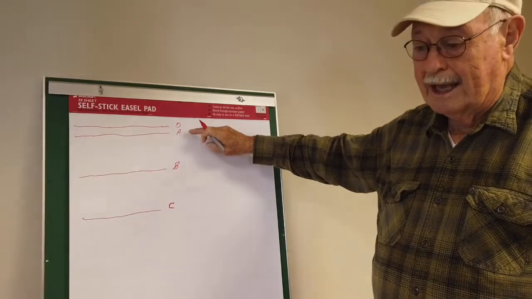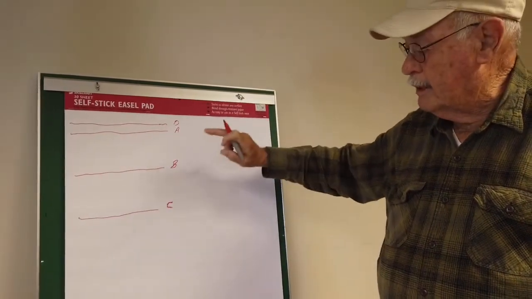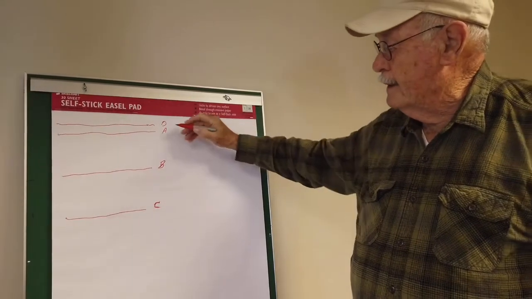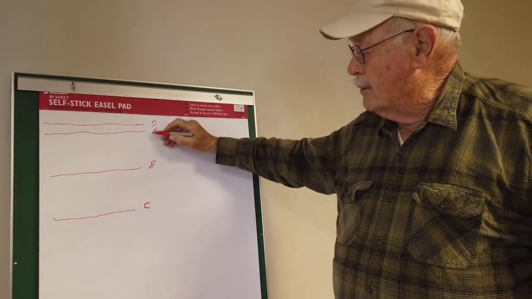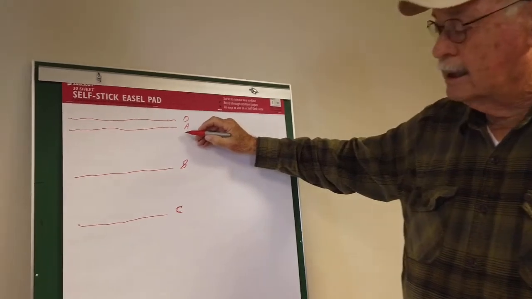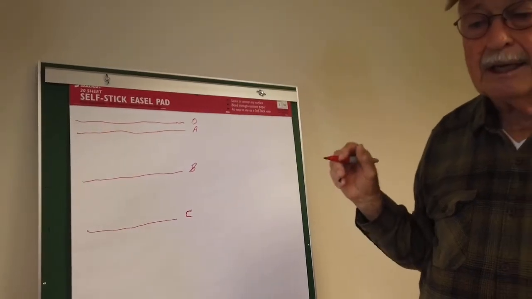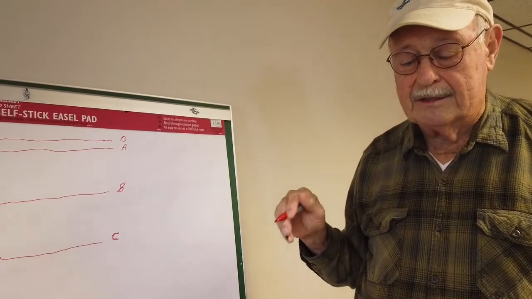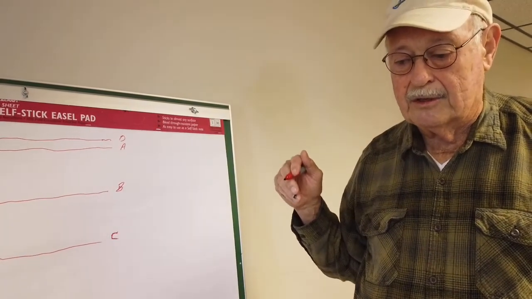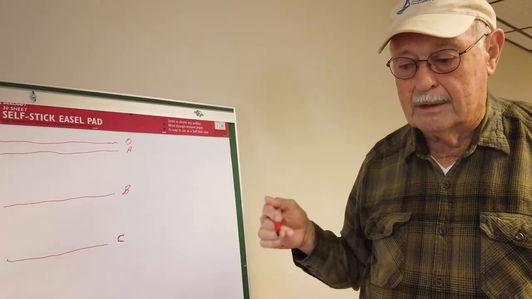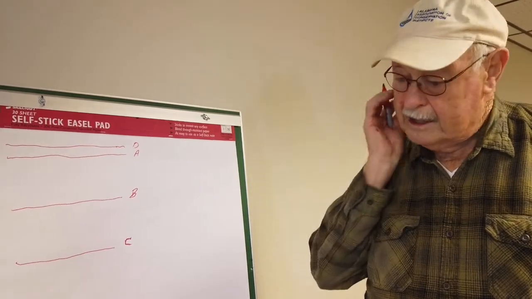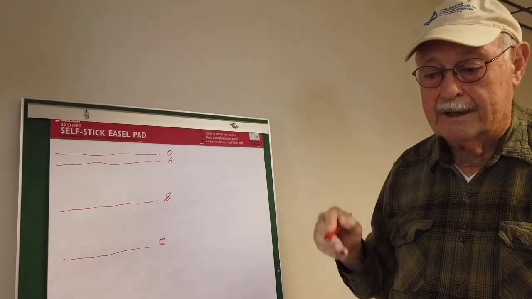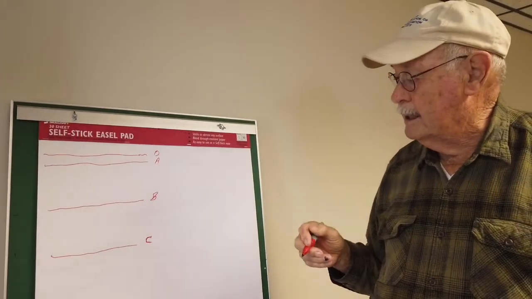Then you've got an A horizon and a B horizon and a C horizon. The A horizon is basically your topsoil. That's where you plant seeds into. It's your better soil as far as getting plants to come up and grow and start in that A horizon.